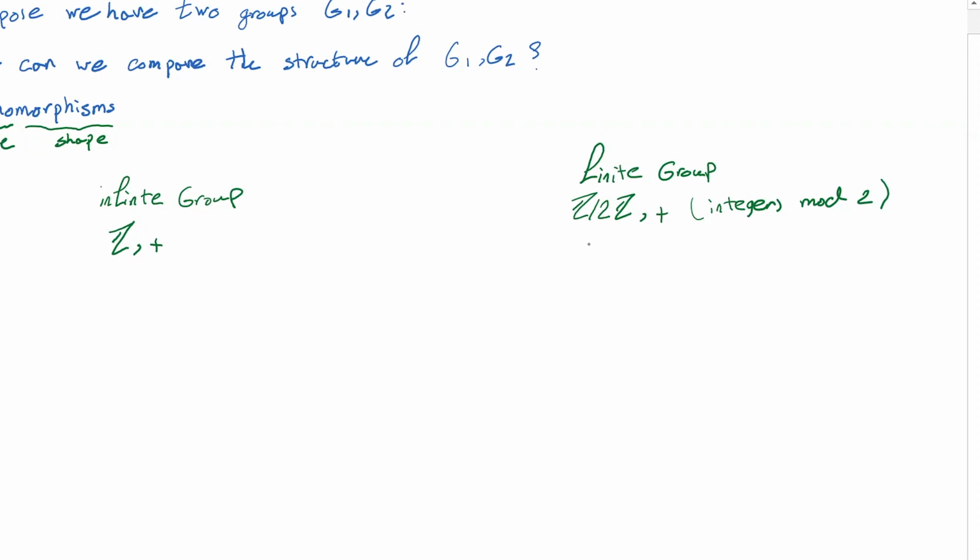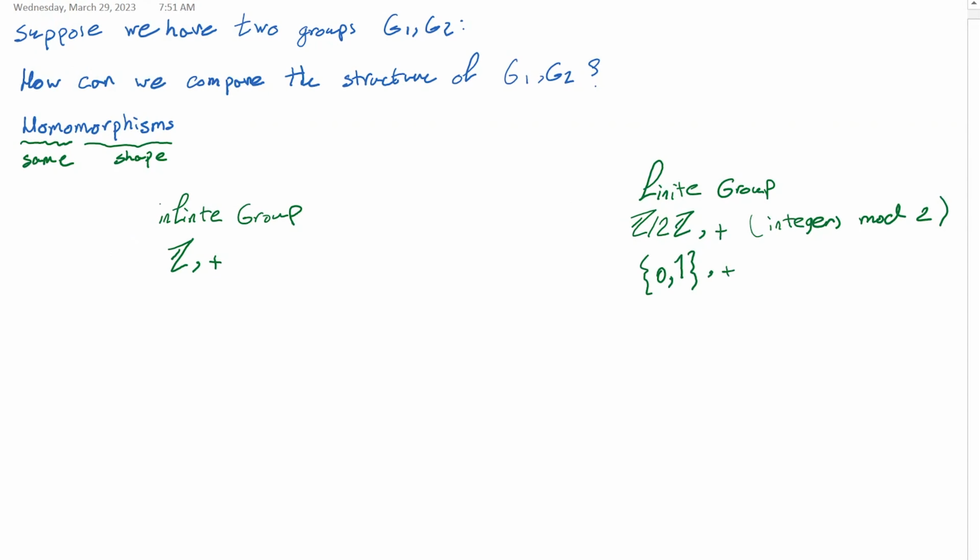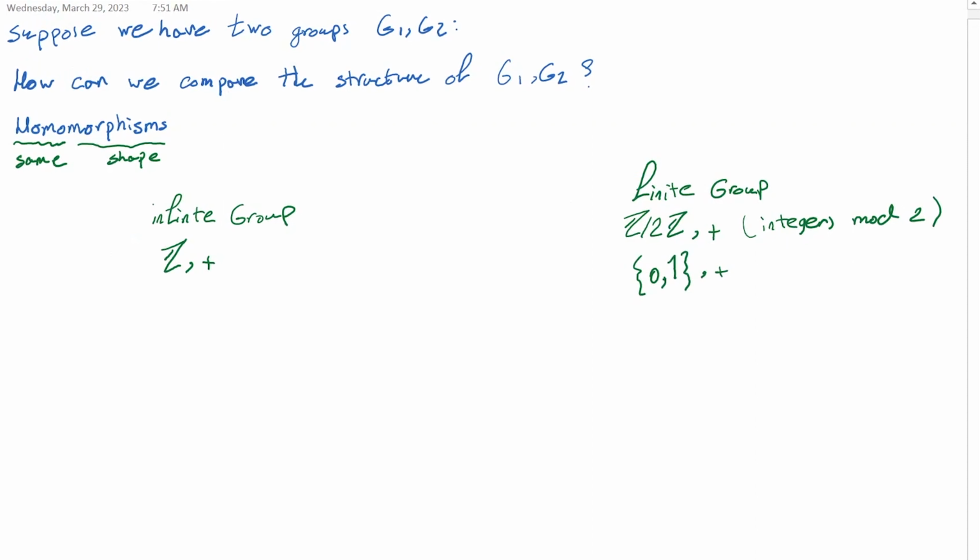It means that we have a fixed set of integers: whatever integer we take, we calculate mod 2, and basically the remainder would always be 0 or 1. And then the operation is addition. So now, given these two groups, let me also write this down. We are interested in understanding if there is any similarity between these two groups.